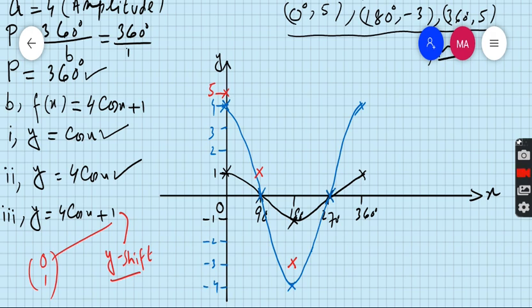So this should be moved 1 unit above, and finally this is 360. This should be moved over here. Now join these points, all red crosses.